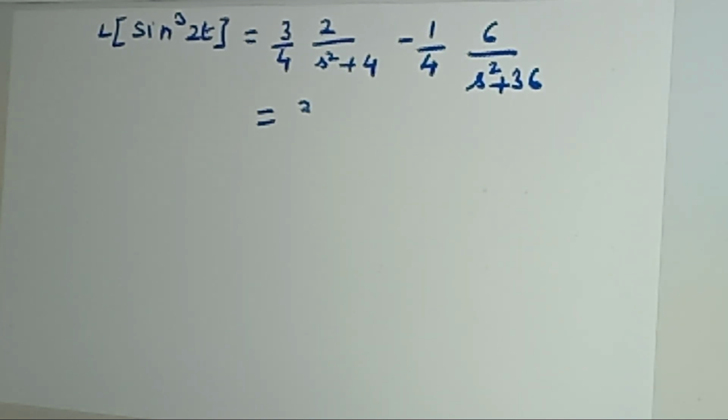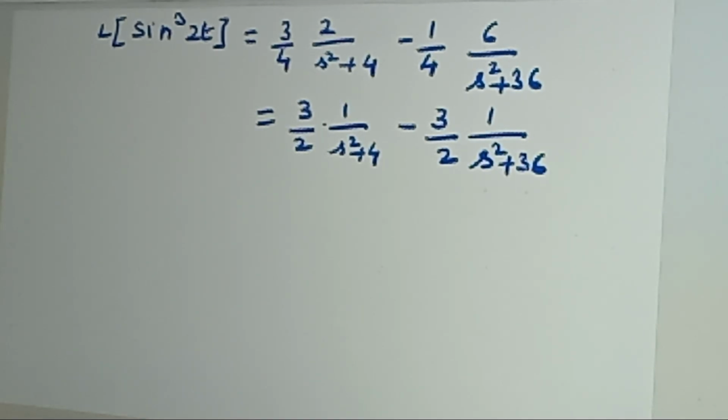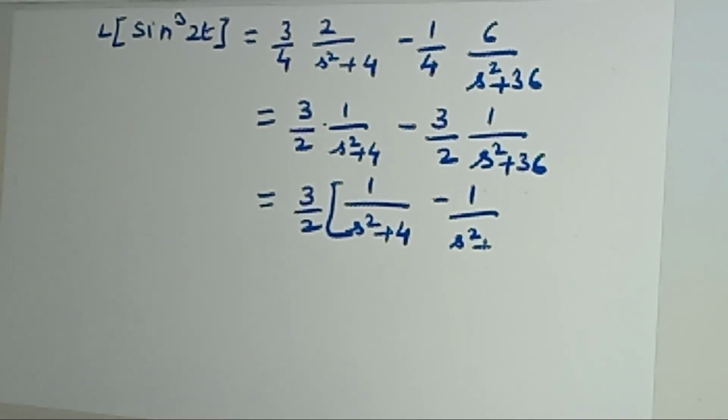So, this can be written as 3 by 2 into 1 by s square plus 4. Minus, what is 6 by 4? 6 by 4 can be written as 3 by 2 into 1 by s square plus 36. दोनों टर्म्स में 3 by 2 कॉमन है तो बाहर निकालिए, फिर अंदर 1 by s square plus 4 minus 1 by s square plus 36 लिखना है. Okay. After this, what we have to do?